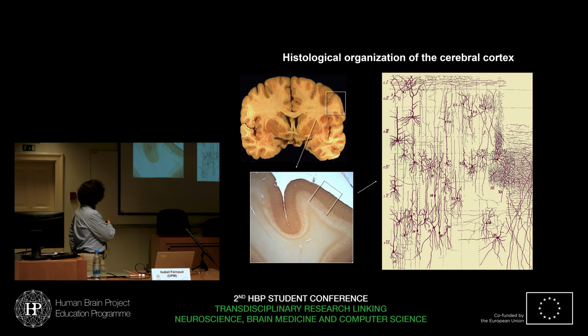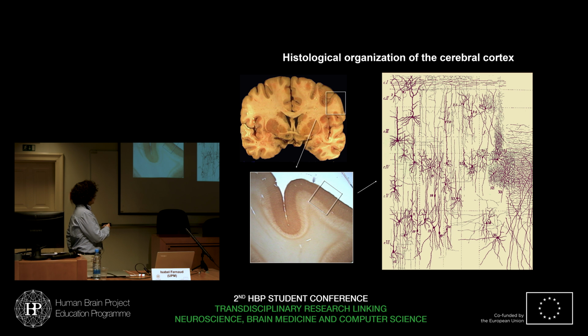Histologically, you see that the cortex is situated, as I said, in the outer part of the brain. It covers just a few millimeters depth, and it contains the main cells of the brain, the neurons and the glial cells, and the blood vessels.